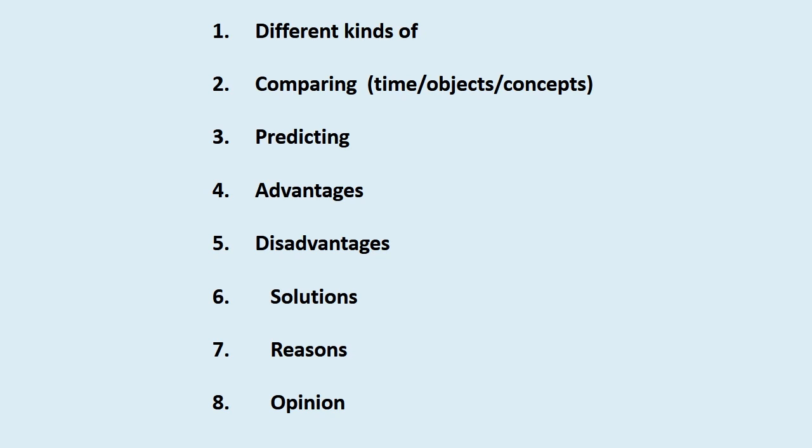You may not get all of these types of questions on your test, but you should be prepared. You can prepare for these types of questions by reviewing my model answers. Take note of the language that's in bold, because that language can be used for lots of different types of questions.